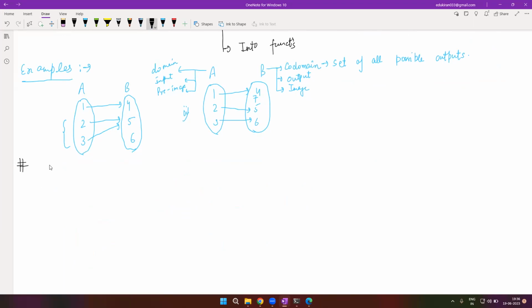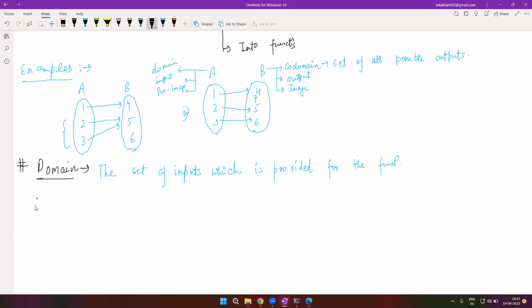What is domain? The set of inputs which is given or which is provided for the function.